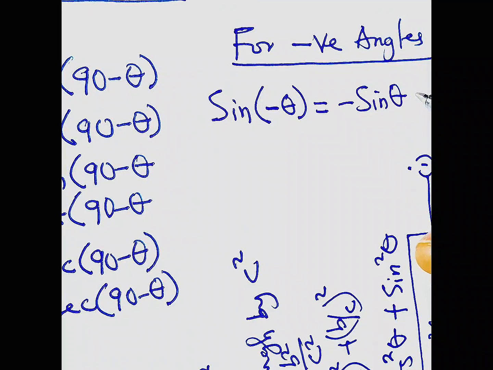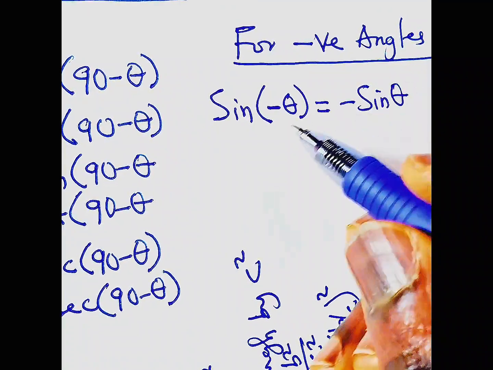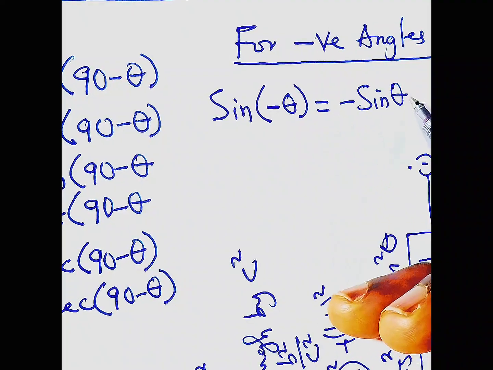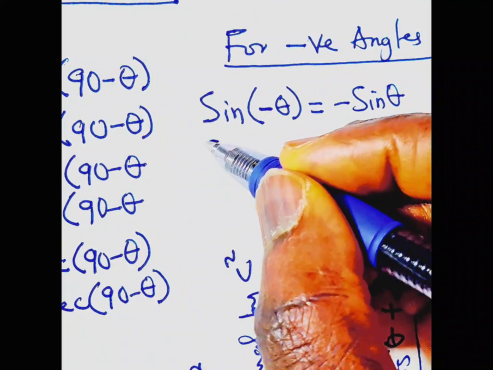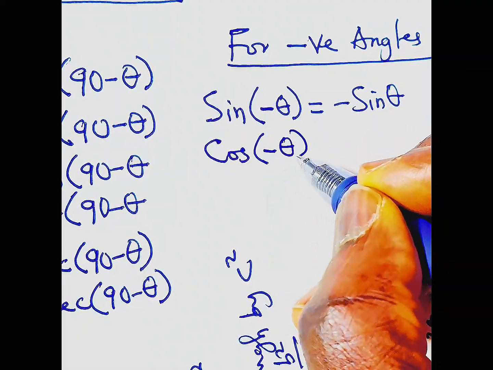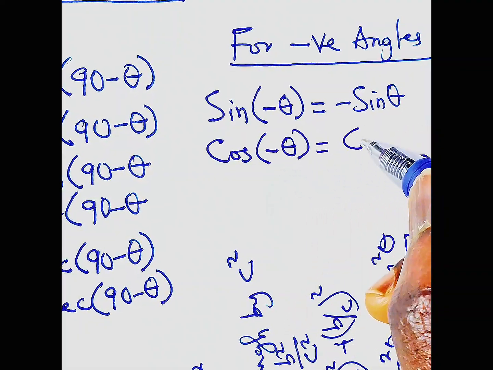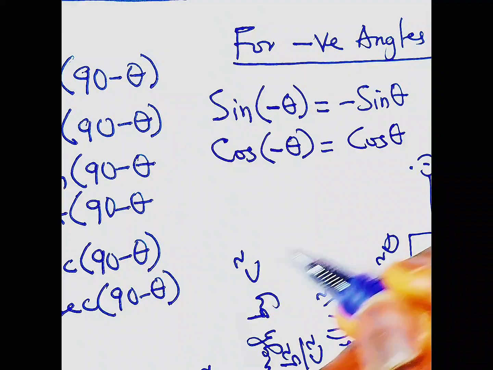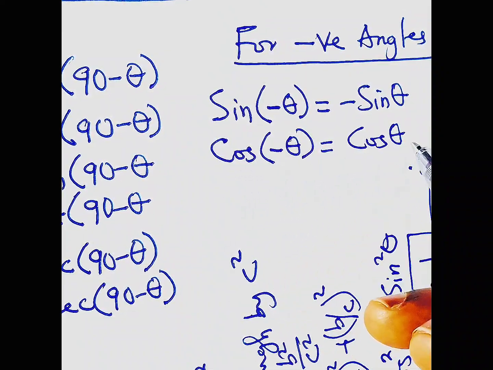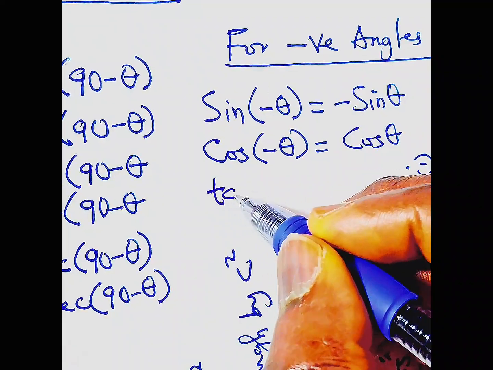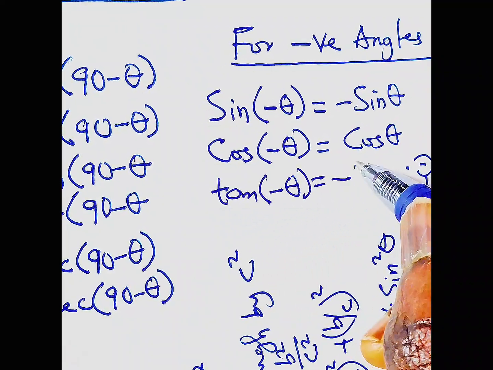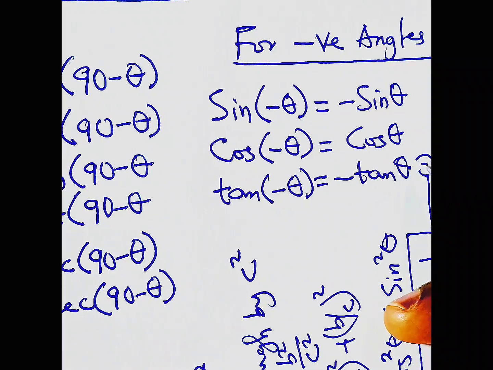Only one is different, which is cos theta. Sin of minus theta is the same thing as minus sin theta. And cos of minus theta is the same thing as cos theta. It doesn't change. Then tan of minus theta is the same thing as minus tan theta.